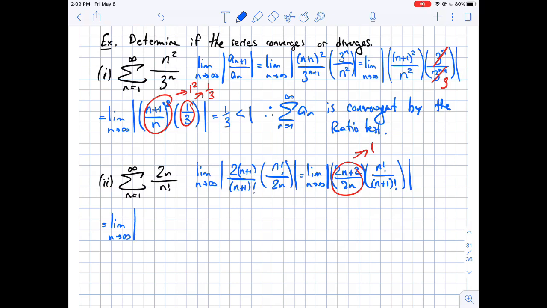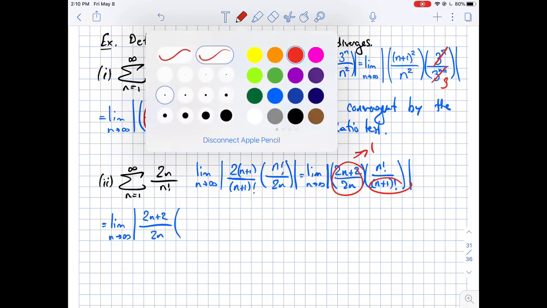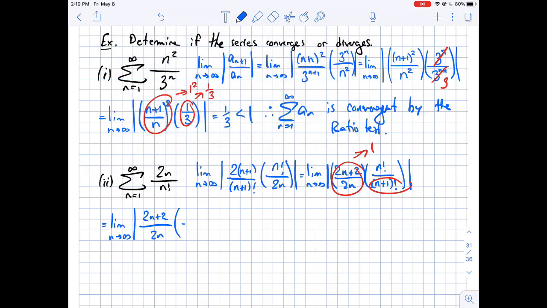So I'm going to leave that first part alone for now, 2n plus 2 over 2n. For the factorial, we always do the same thing. We are going to take the larger factorial, in this case n plus 1 factorial, and rewrite it in terms of the smaller factorial. So I'm going to rewrite n plus 1 factorial as n plus 1 multiplied by n factorial.